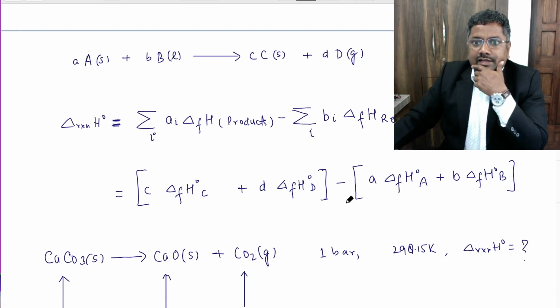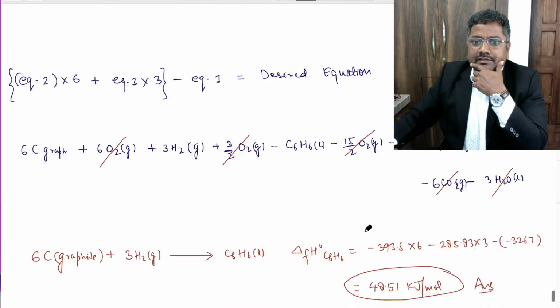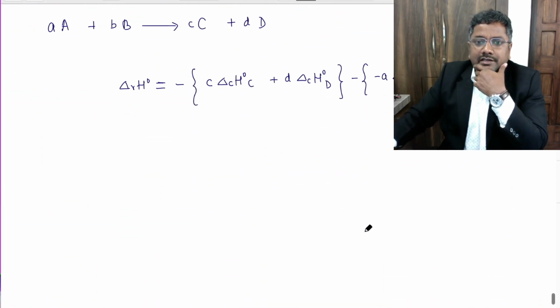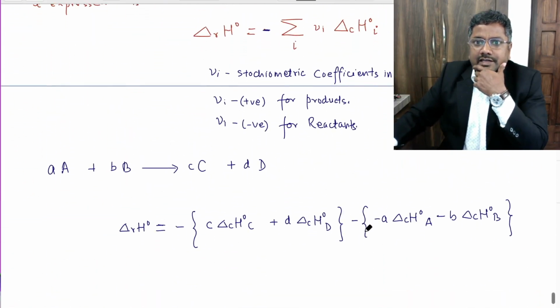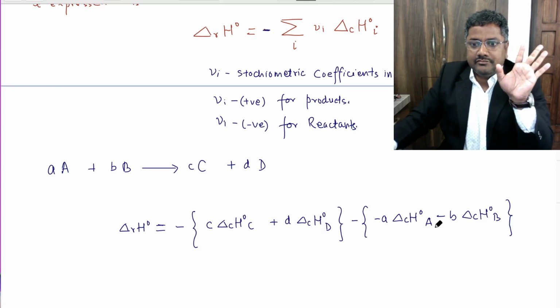We are using it like this. This is C and D product. This is positive, and reactant, this is negative. But if we see here in this equation, then this time product is negative and reactant is positive. So this is the difference.